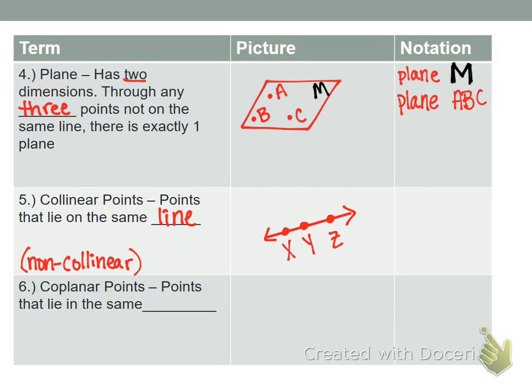Okay, next we have coplanar points. Points that lie in the same... Any guesses? I think I heard one person say it. Plane! They lie in the same plane. Again, you could draw yourself a little plane and put any amount of points that you want in that plane.